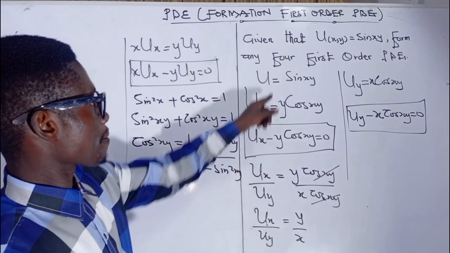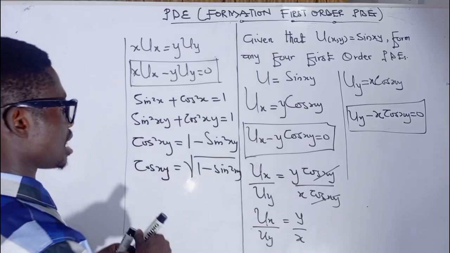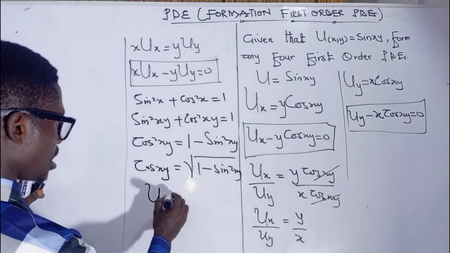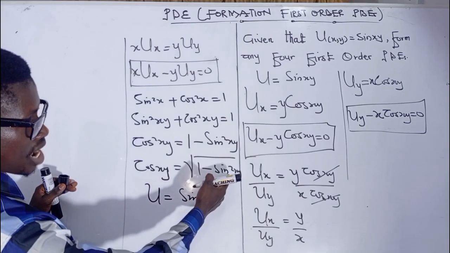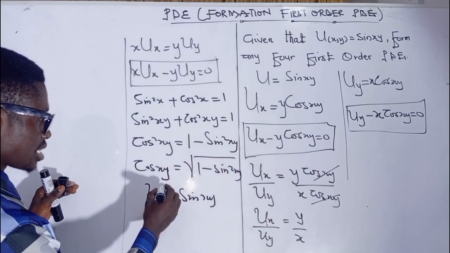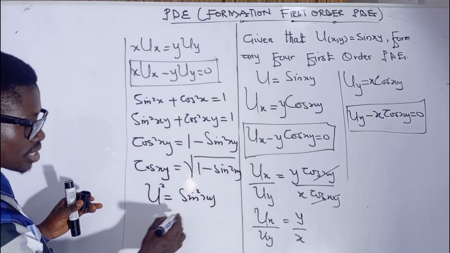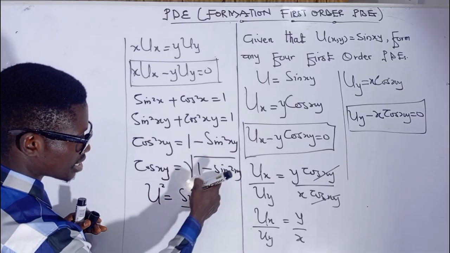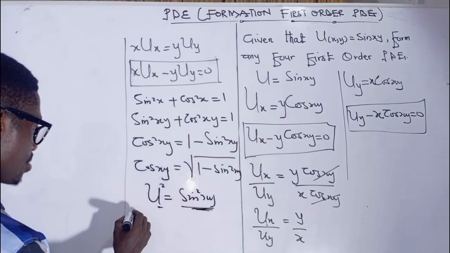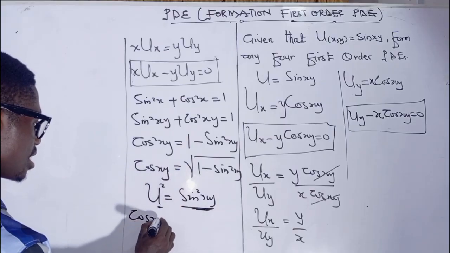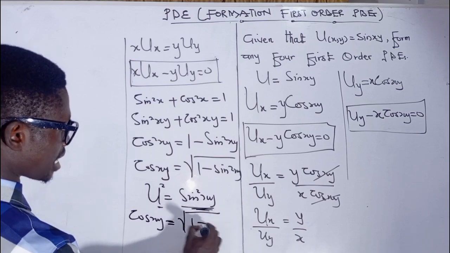Now from u, we know that u is equal to sine xy. We know that u is equal to what? Sine xy. But we're having sine squared xy. So we can decide to square here and then square here so that it will be the same as this. So that in place of sine squared xy, we can substitute u squared. So from here, we know that cos xy is equal to root of 1 minus u squared.